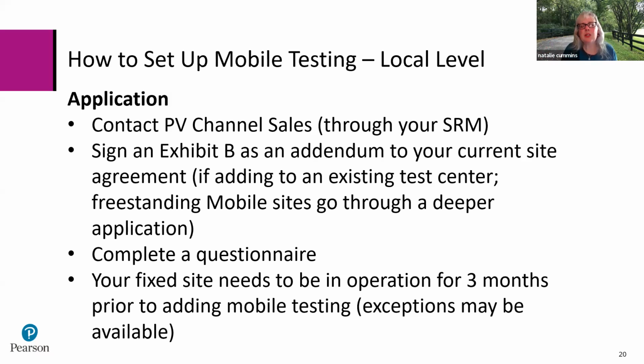But you will also need to go through a more comprehensive application process, because you will need to have the full site agreement in this situation, as well as the Exhibit B. So there's a lot of details going on there, but those are the broad contours of what's going on. You still also have to complete the questionnaire, even if you're setting up as freestanding mobile, and I'm going to be talking about the questionnaire in the next slide.